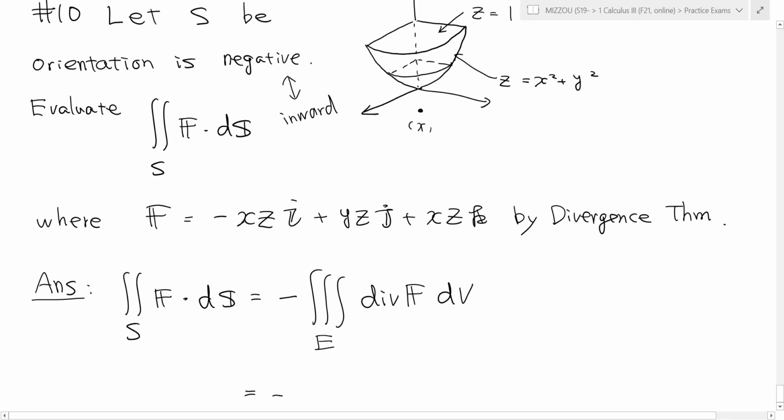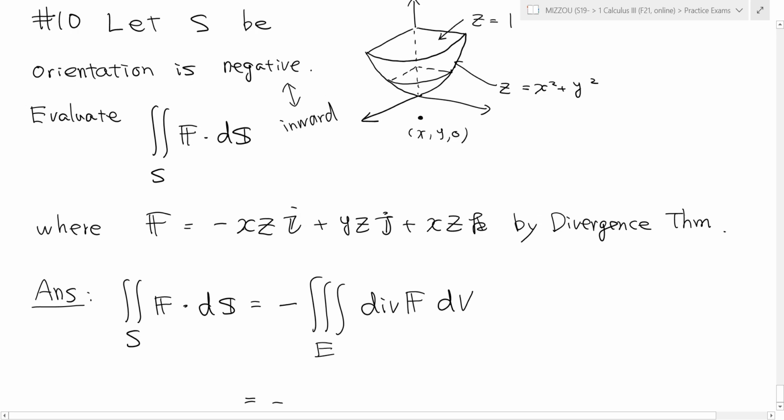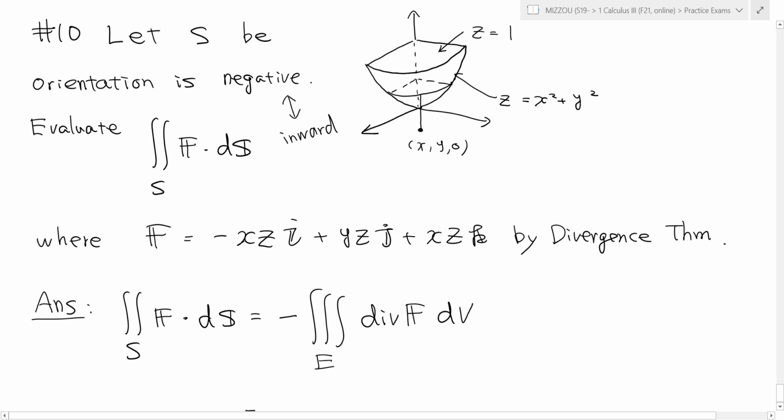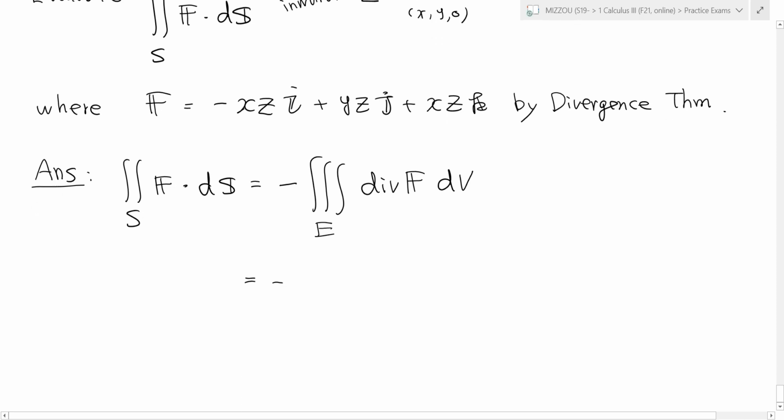For each fixed x and y, you look above, and the first thing you hit is the paraboloid, and you go all the way to z is equal to 1. So the limits for z are from the paraboloid x squared plus y squared to 1.